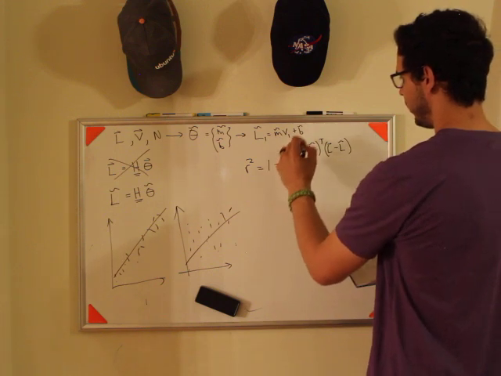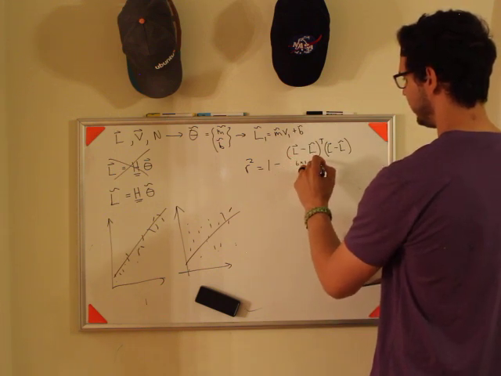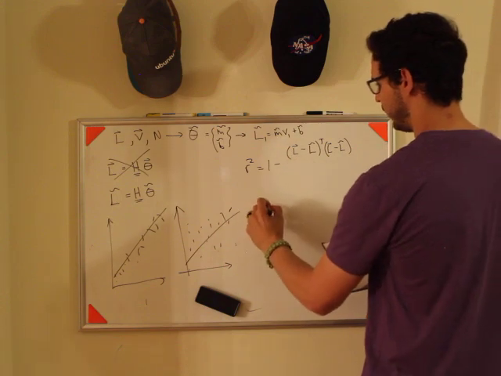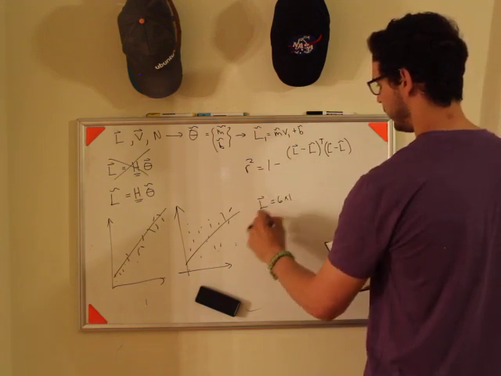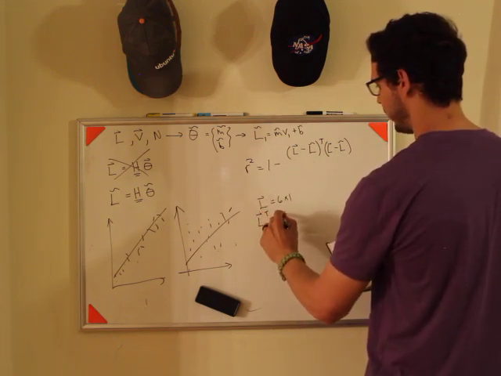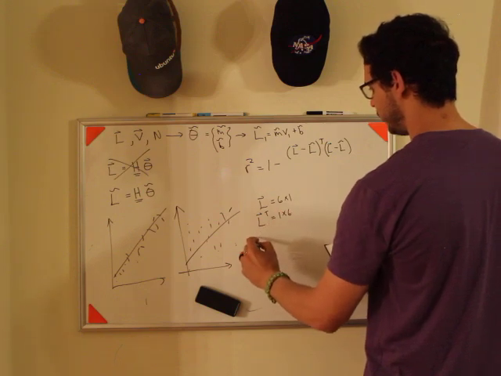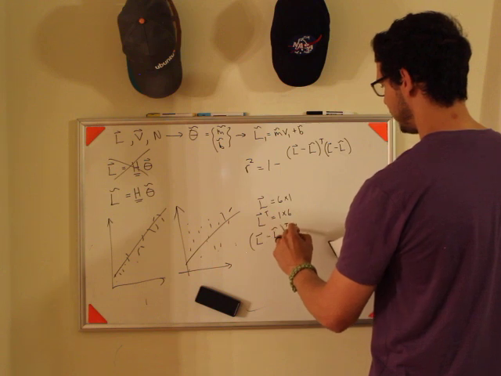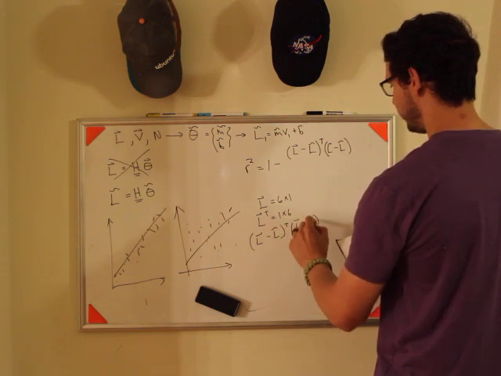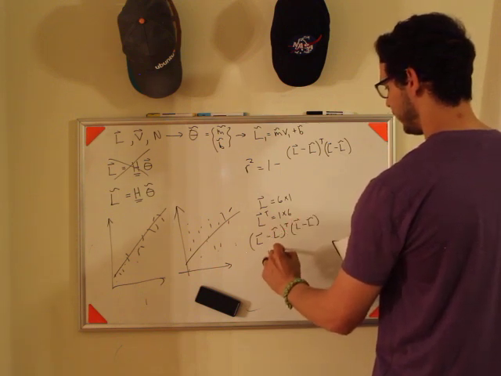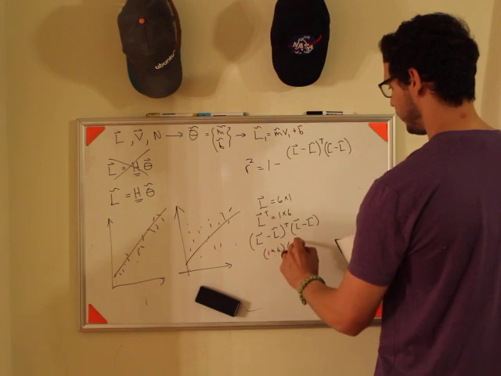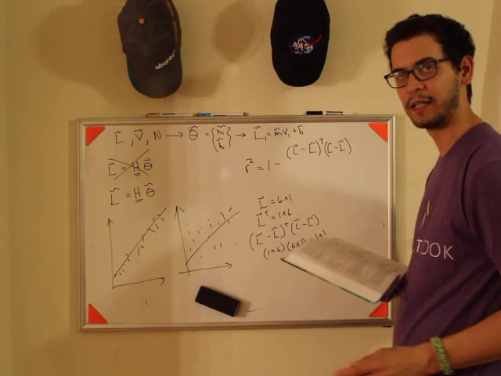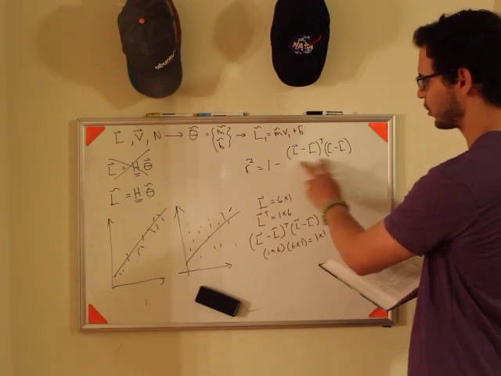L is a 6 by 1. So that means L transpose is a 1 by 6. And so if you do L minus L tilde transpose times L minus L tilde, that's a 1 by 6 times a 6 by 1, which is a 1 by 1. And so this is really just one number.